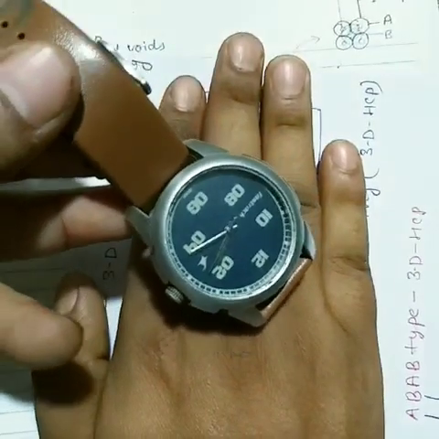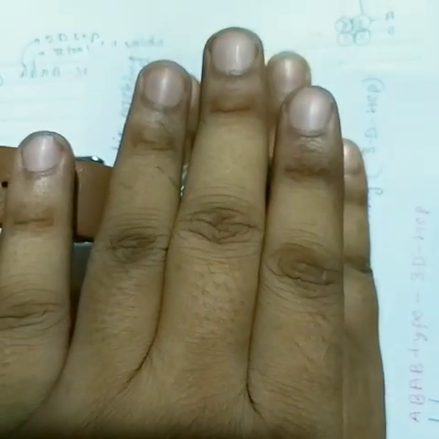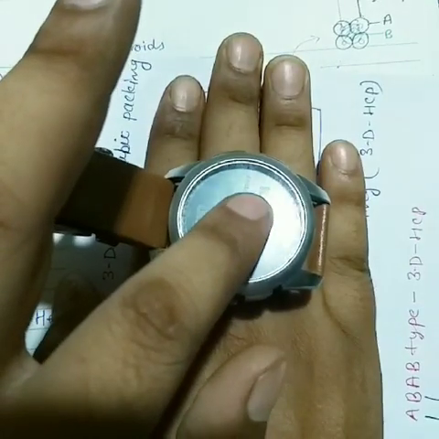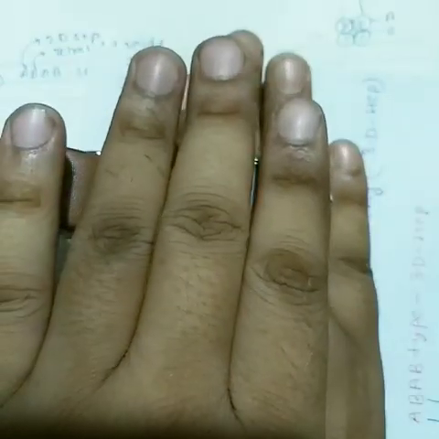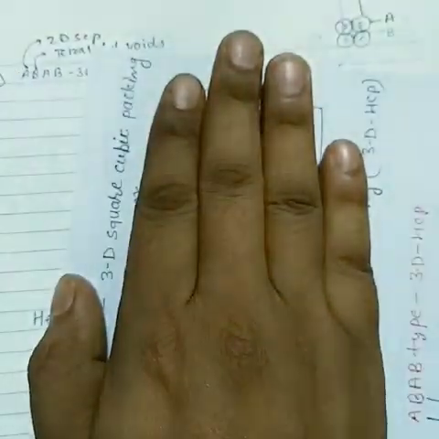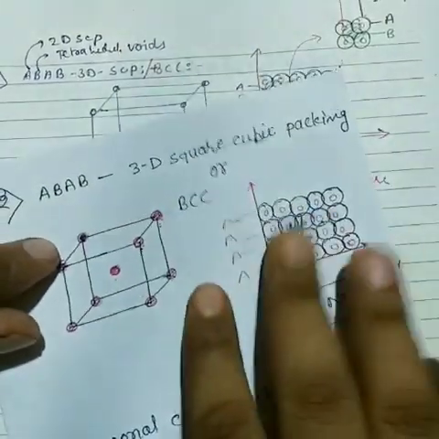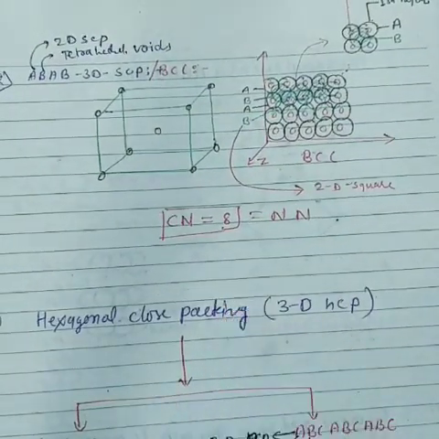Suppose I consider an atom. Now how many atoms does this atom touch? That means 1, 2, 3, 4, and same kind of 4. So the complete atoms are 8. So the coordination number is 8. So here it is very important, students. The coordination number is 8. Now see here, some important facts.